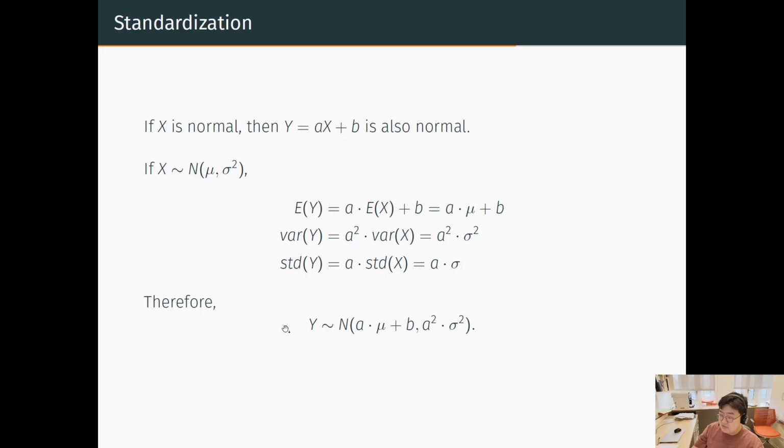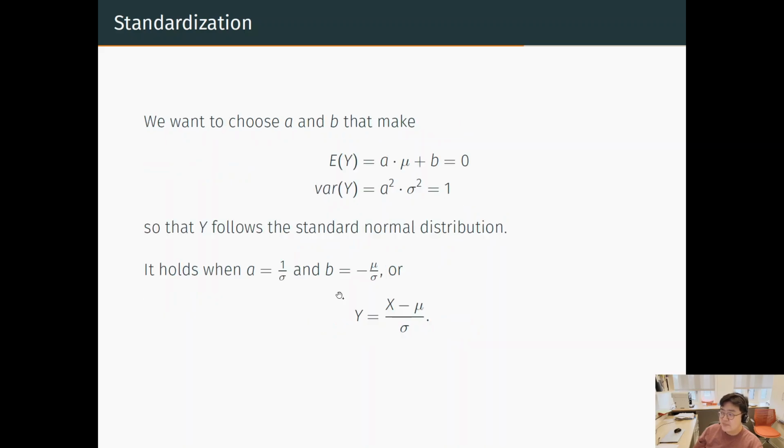As a result, we know the mean and variance of y, and additionally we know that y is normal distribution. That is another property of normal distribution. So we know everything about y. The distribution of y is perfectly described by a normal distribution with its parameters.